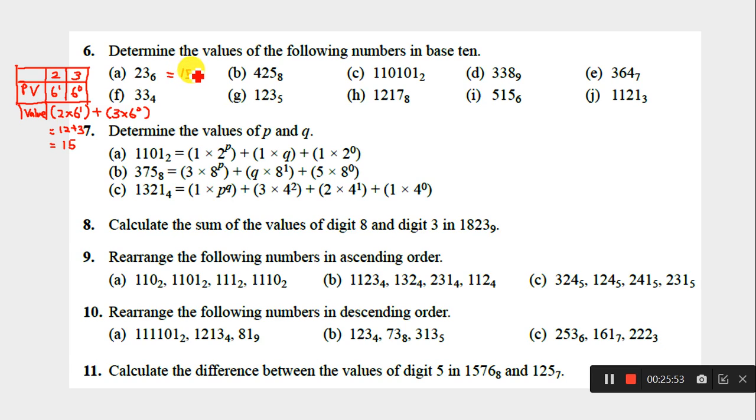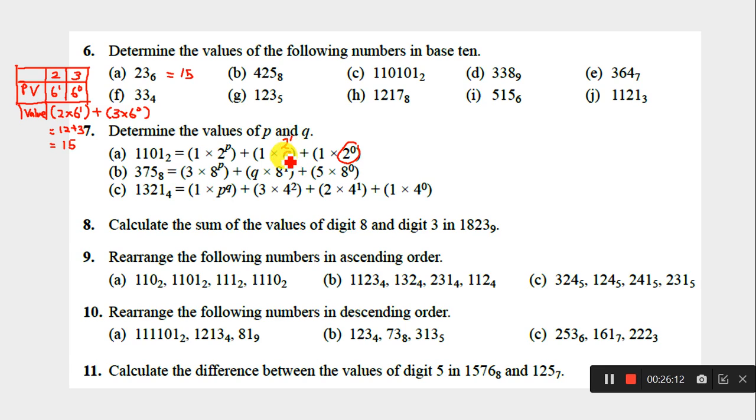Like that. Okay? Alright. For number 7, determine the values of P and Q. So this is a very easy question. Since you look at this, this is 2 to the power of 0. So for sure, this is 2 to the power of 1.